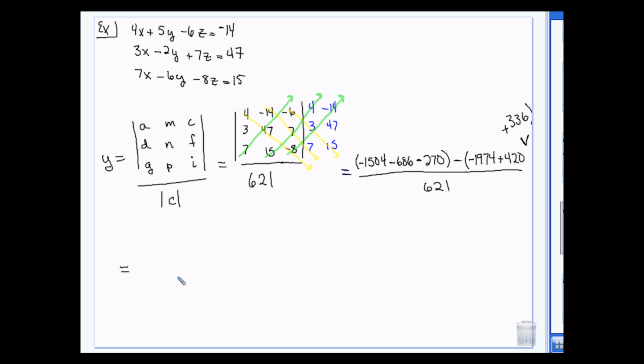So I'm going to add up my first parentheses, and they're all negative, so I get negative 2460 minus negative 1218, and that's all going to be over 621.